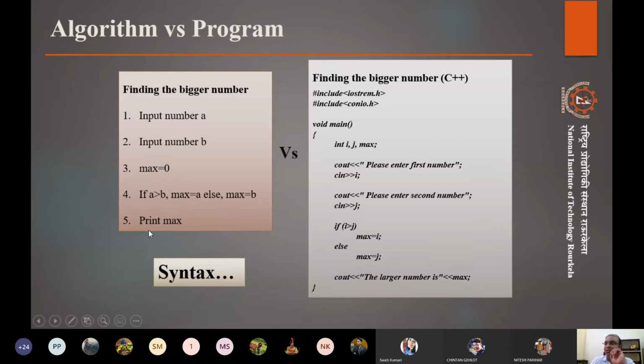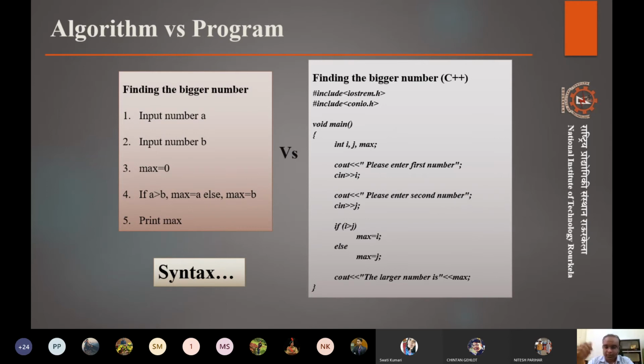That is where the difference lies between what we were doing till now, algorithms and flowcharts, and what we will be doing from now onwards, programs. Since syntax is so important, the universality of algorithms and flowcharts is not seen in programming or coding, because for each and every language there will be different syntaxes.